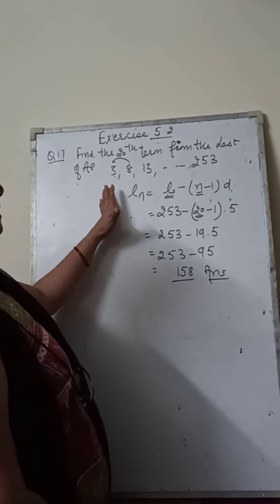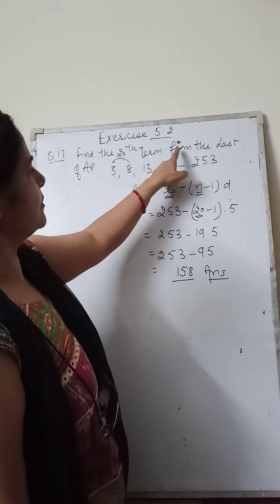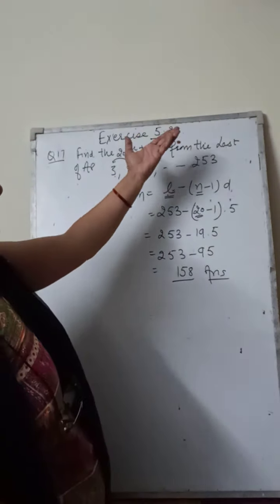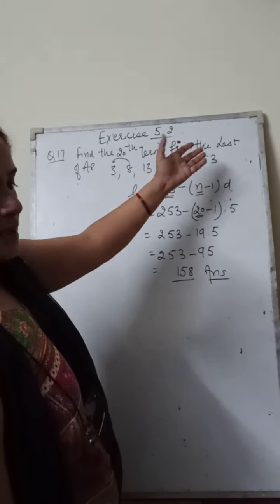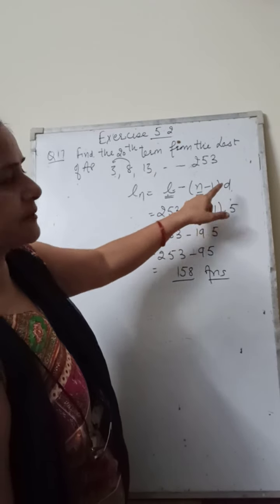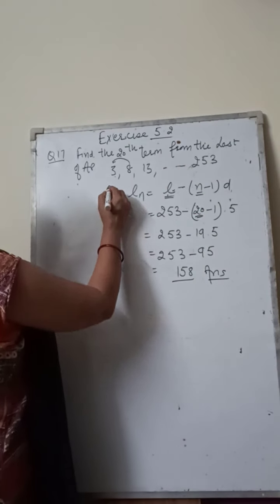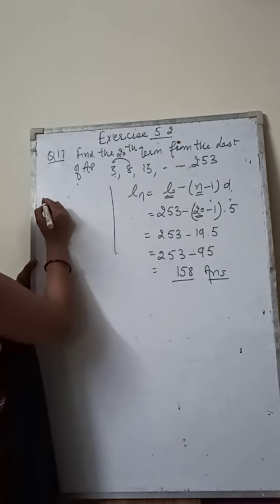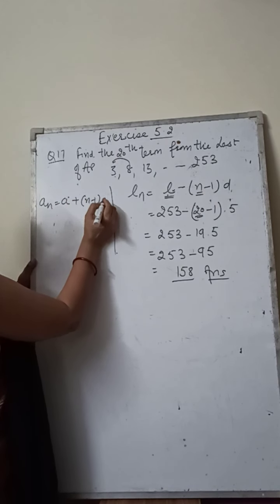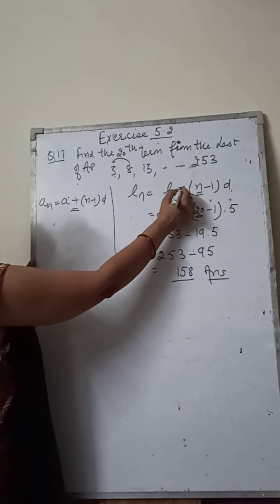Just see this question once again. Find the 20th term from the last. When we have to take the term from the last, we use the formula ln is equal to L minus n minus 1 into D. Otherwise, when we take the term from the beginning, we write an is equal to a plus n minus 1 into D. There we write plus, here we will put minus.